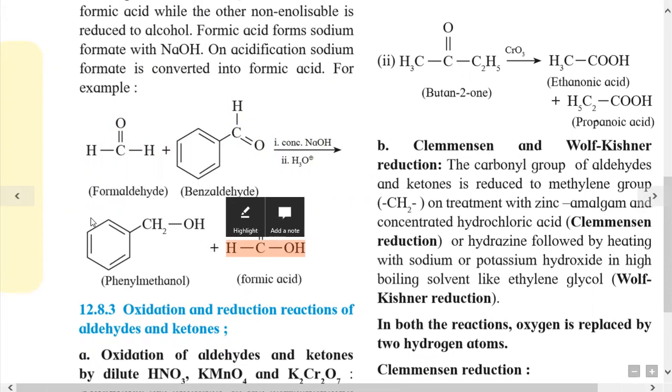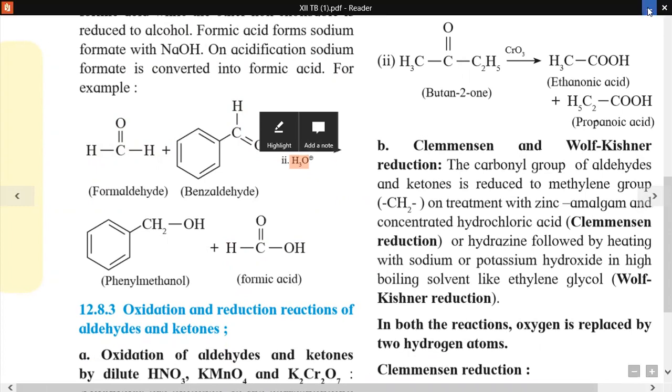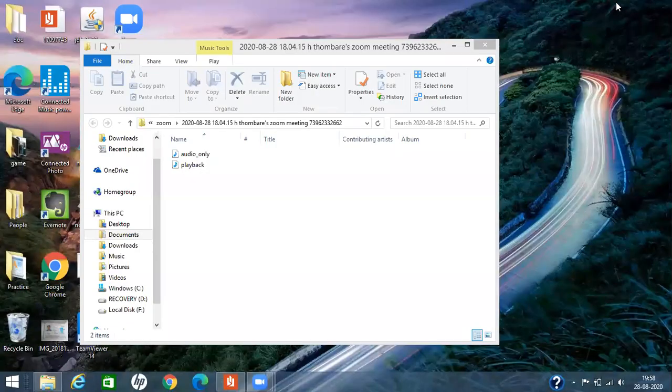Formic acid is given because in the second step we hydrolyzed the sodium salt in the presence of H3O+, that is acid. So that is the Cannizzaro's reaction of aldehydes that do not contain an alpha hydrogen atom.